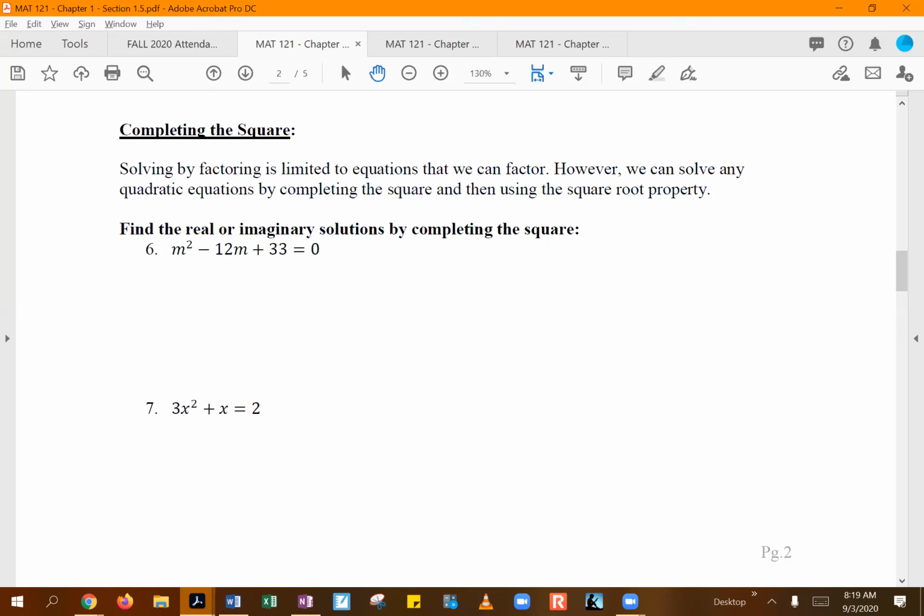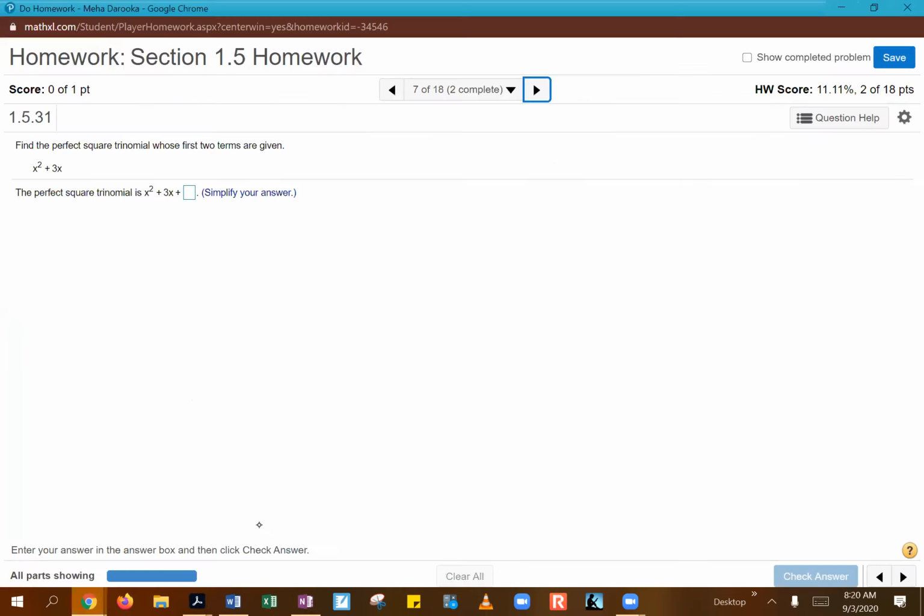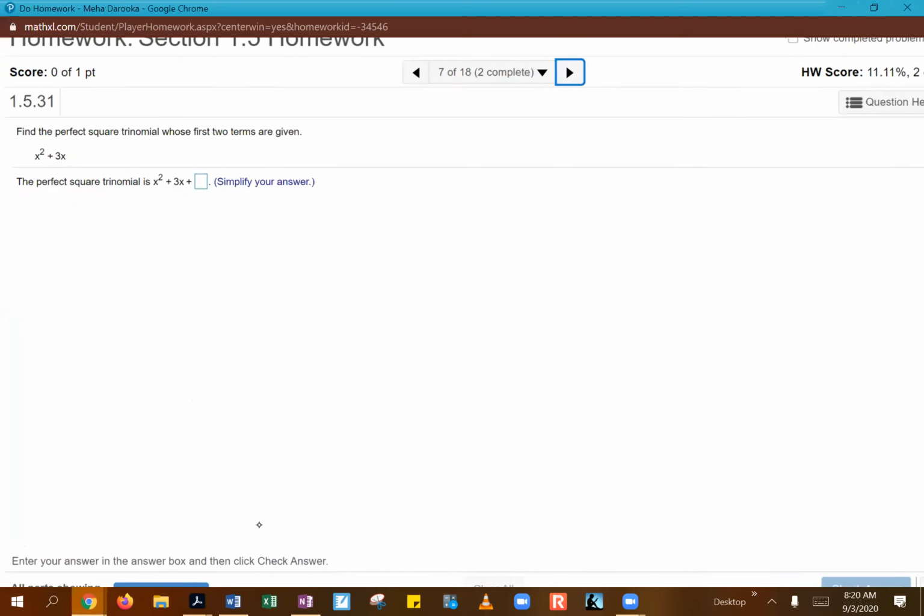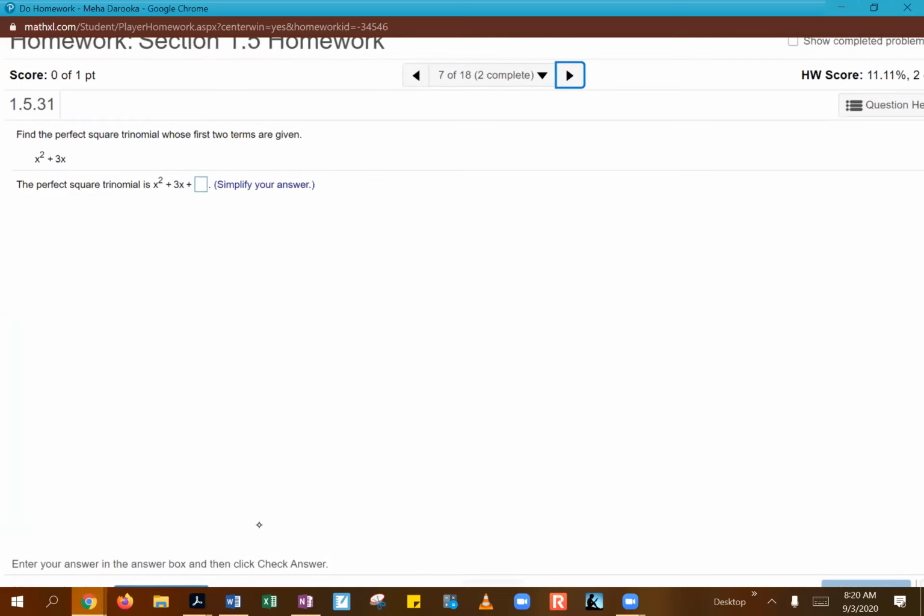So let's take a look at how completing the square works over here. We'll pick another example from homework. These types of questions, which are asking you to find the perfect square trinomial, are just for the purpose of getting you to practice how completing the square works.